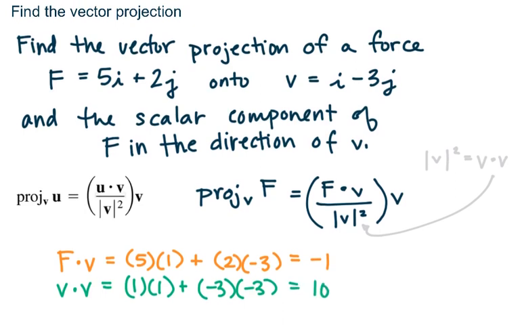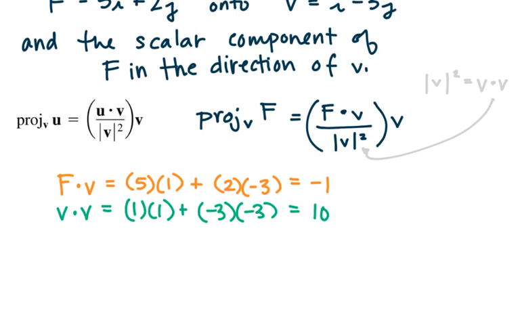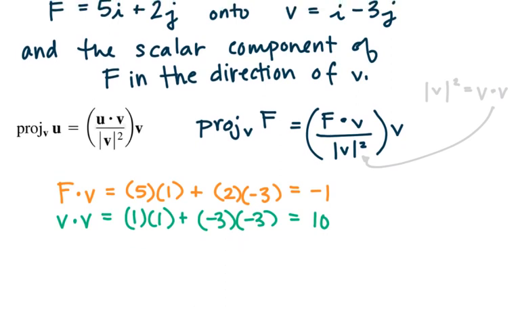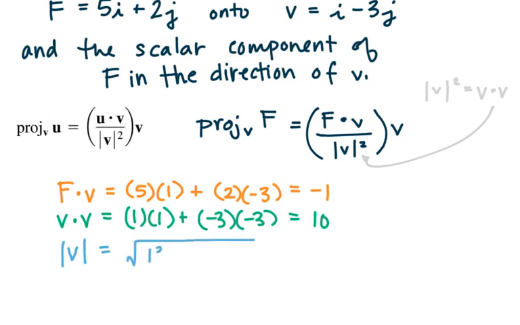And then I'm also going to calculate the magnitude of V, which is the square root of 1 squared plus negative 3 squared, or rather the square root of 10. And you'll see the magnitude of V, the square root of 10, squared, is equal to 10. So that proves that that property of dot products is true.